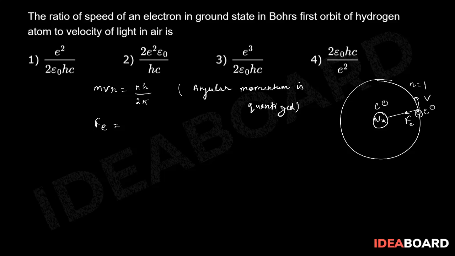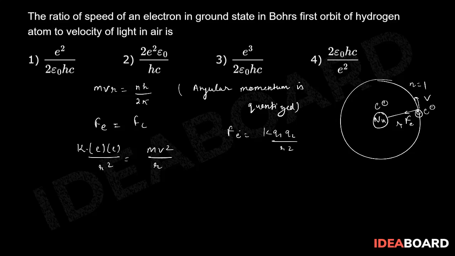So basically Fe will be equal to Fc, and we know that F electric is equal to K Q1 Q2 by R square. So if this is radius R, then I can write K into e square divided by R square is equal to mv square upon R. This is actually the centripetal force.